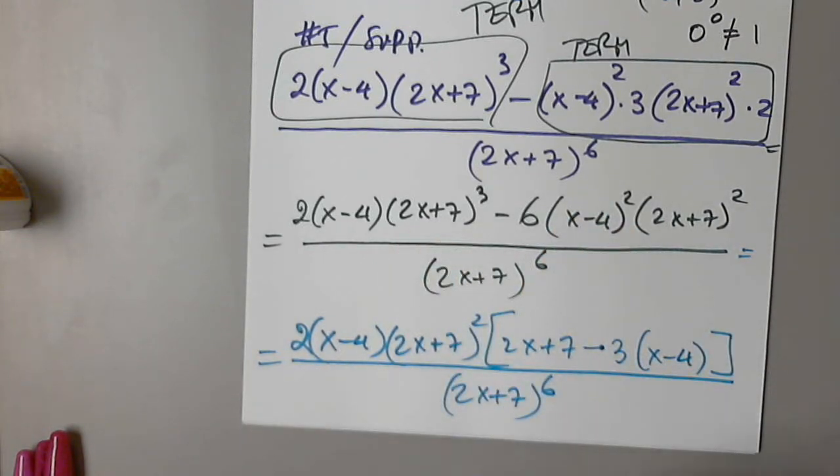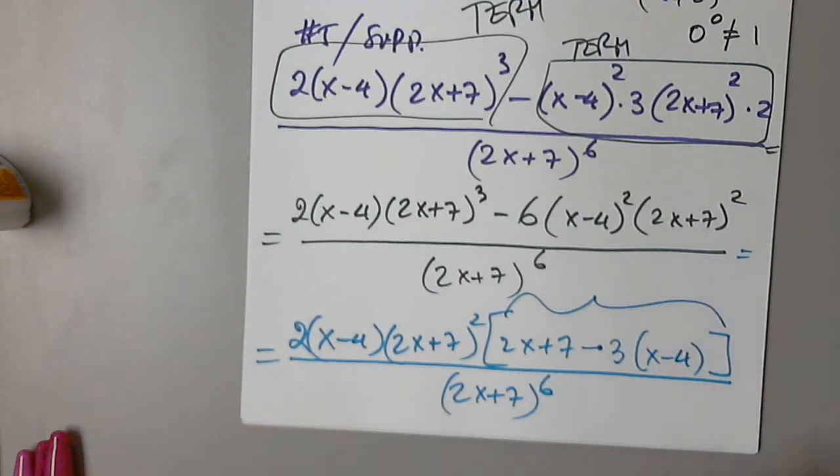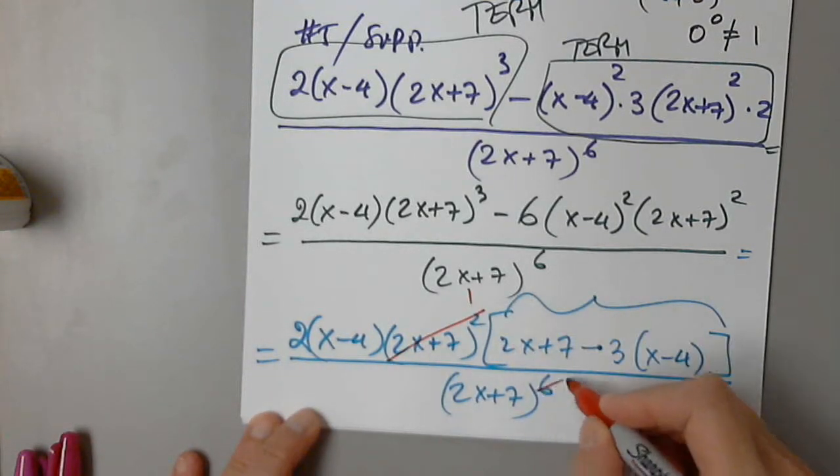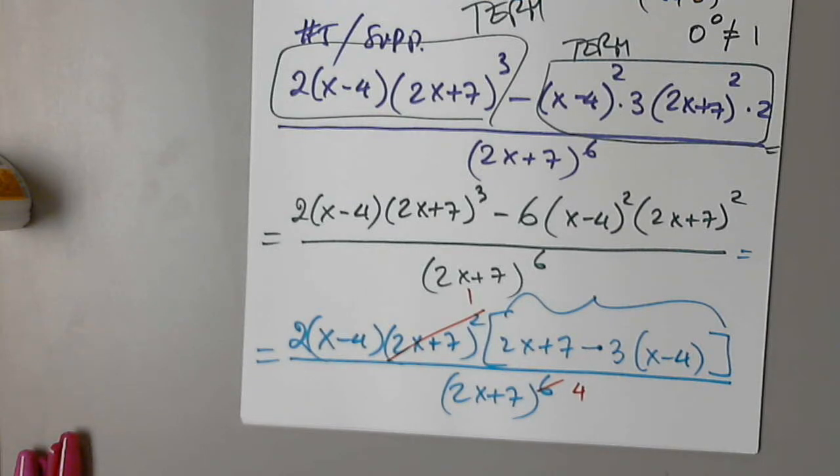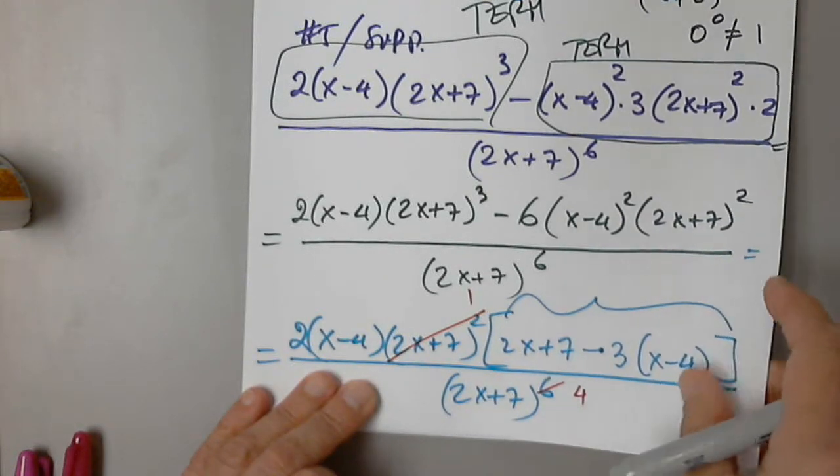Done? Now we have to perform the operations we have in brackets. And also, let me know if this is a legitimate operation. Yes. Of course, because we simplified what? Factors. We simplify factors. Okay, perfect.